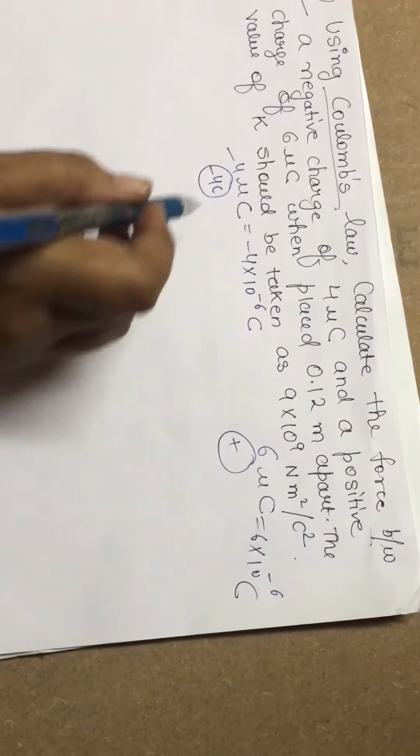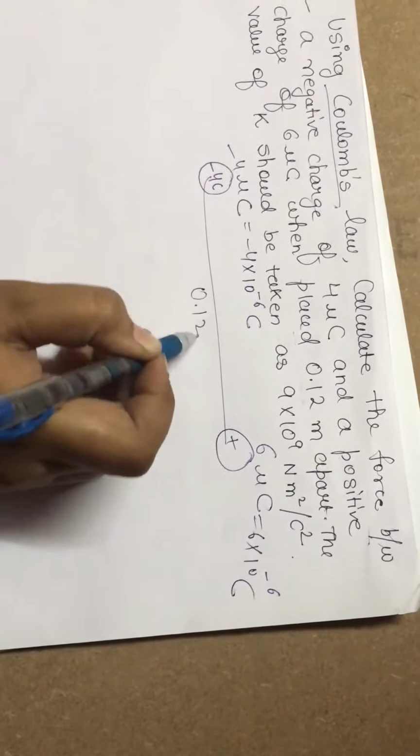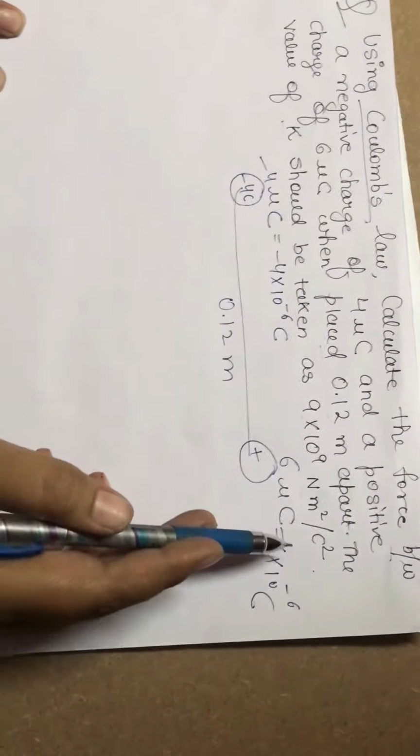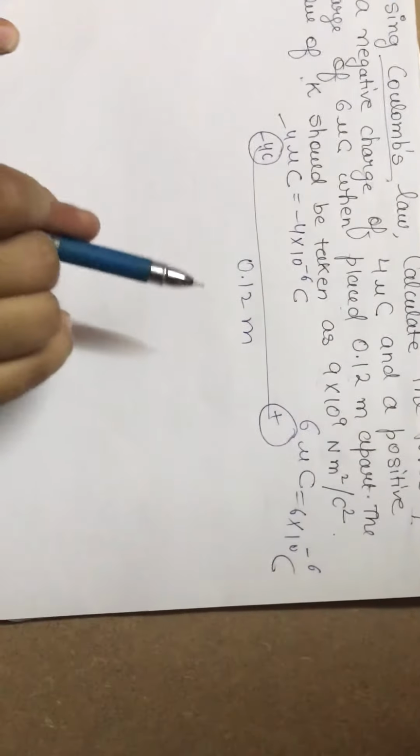The distance between these two is given as 0.12 meter. The value of k, even if it is not given, we know it: 9 into 10 to the power 9.